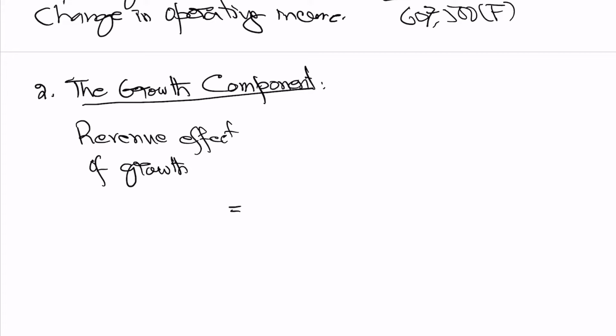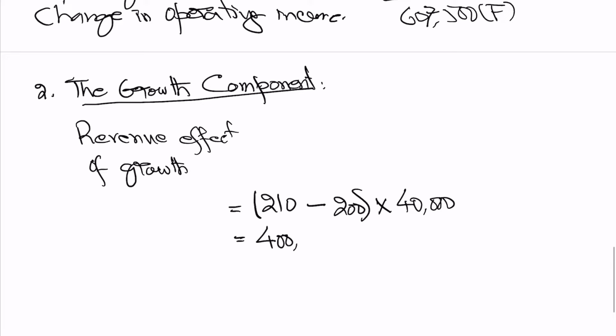Which is, we can say, actual units of output sold in 2019, which is 210, minus actual units sold in 2018, which is 200, multiplied by the price of 2018, which is 40,000. So we get 400,000 favorable. That's the revenue effect of growth.